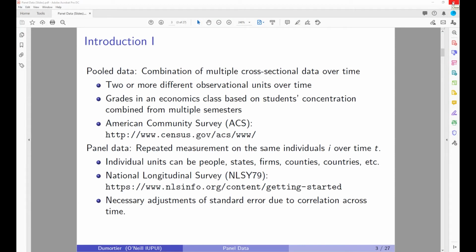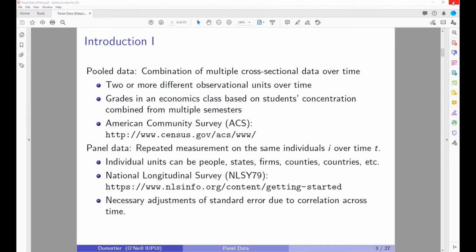For example, a second example would be if I'm looking at grades in this class, say statistics V507, or the regular statistics class, V506, or even my economics class.